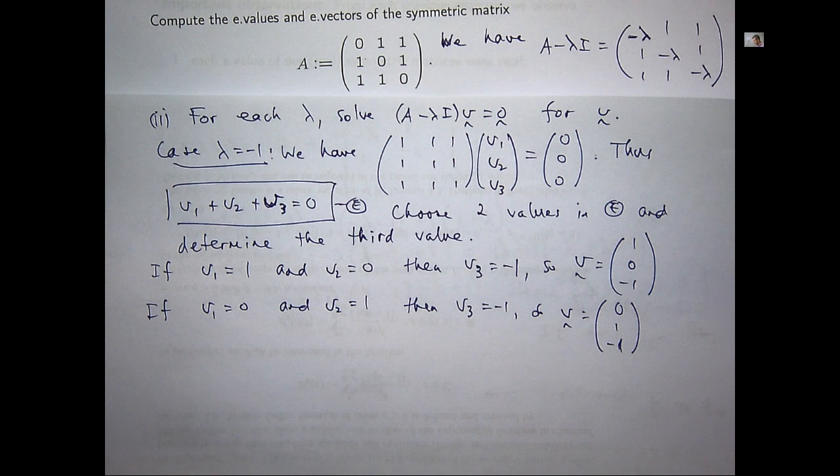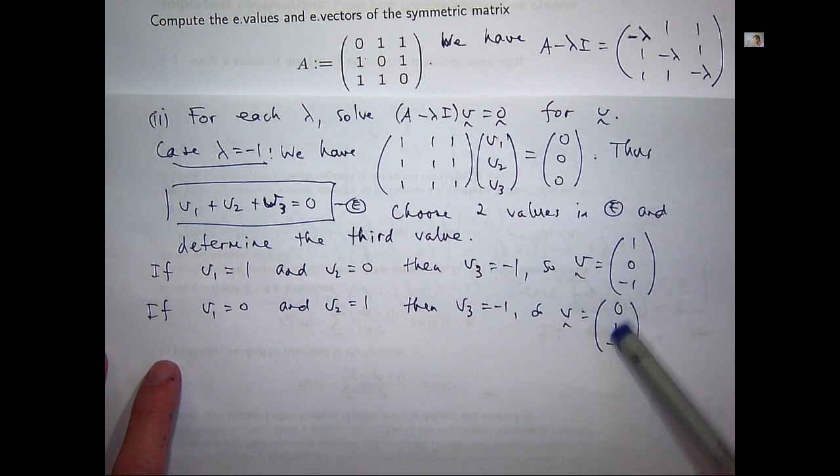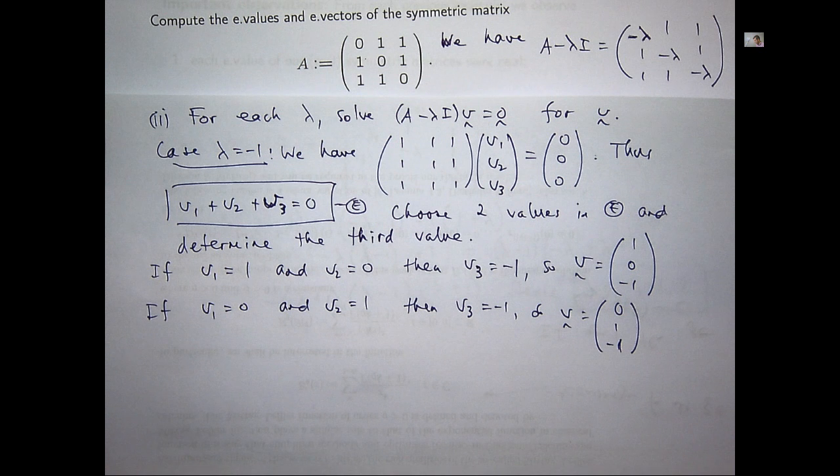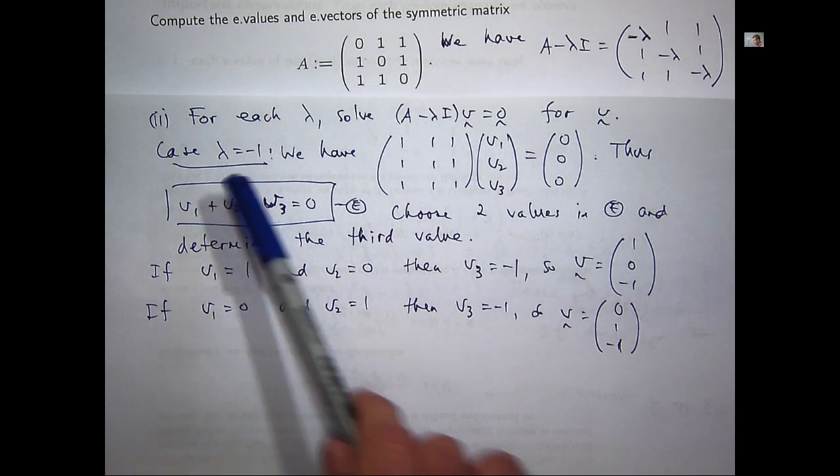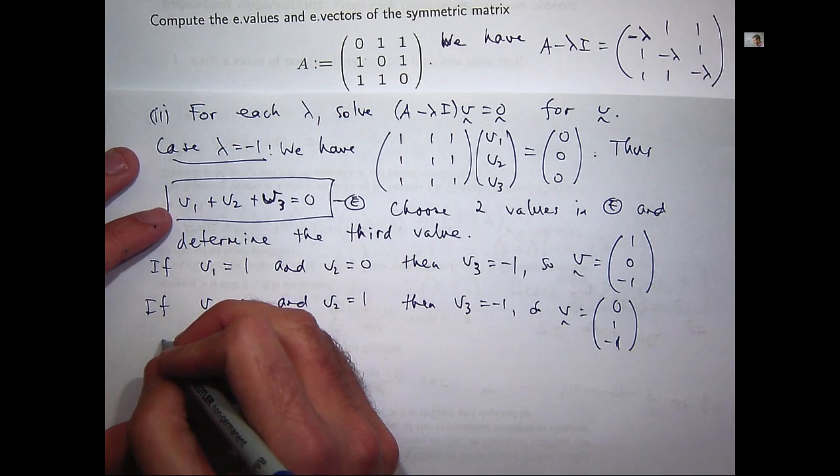So what I've produced here are 2 linearly independent eigenvectors corresponding to the eigenvalue lambda equals -1. Now, if you look at these 2 eigenvectors, they're not orthogonal. But I could choose them to be orthogonal if I wanted to. And I'll give you an example of that in a minute. Okay, so that covers the case lambda equals -1.